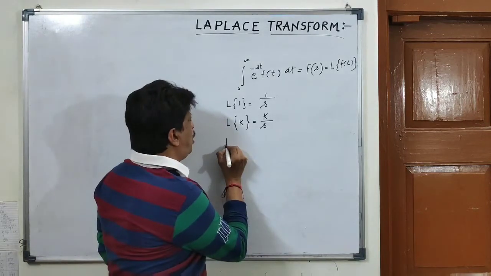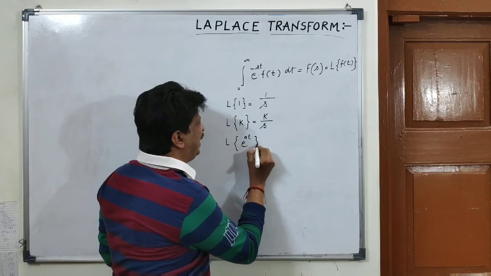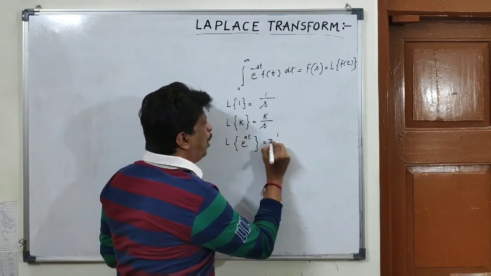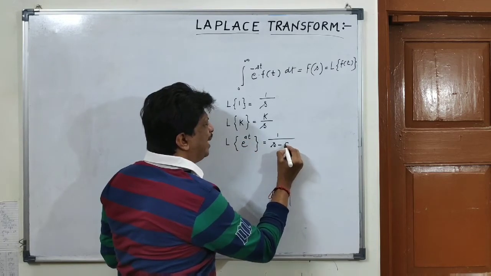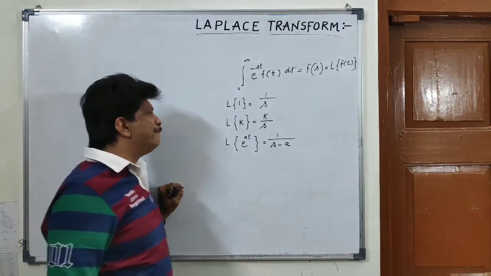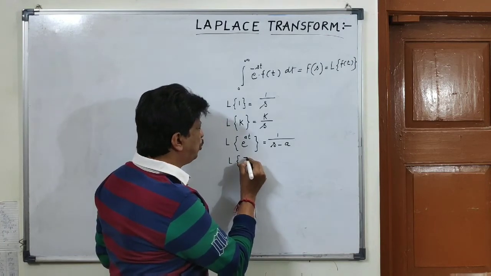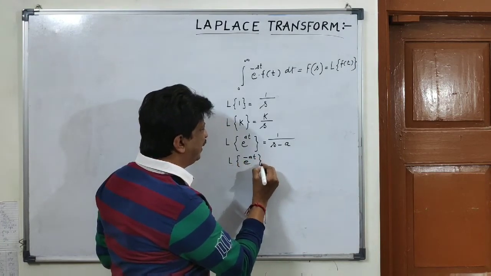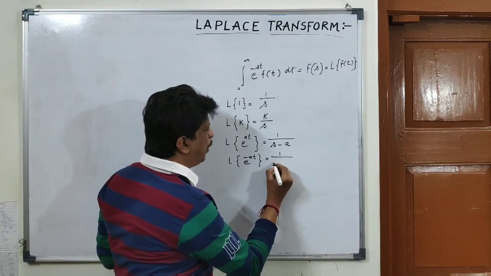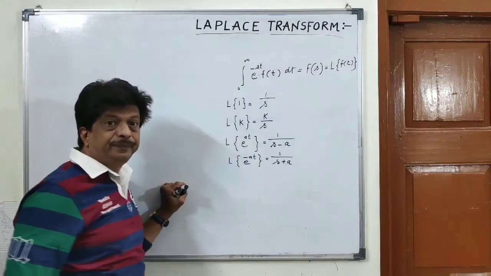Laplace transform of e raised to power plus at is equal to 1 upon s minus a. Laplace transform of e raised to power minus at is obviously equal to 1 upon s plus a.